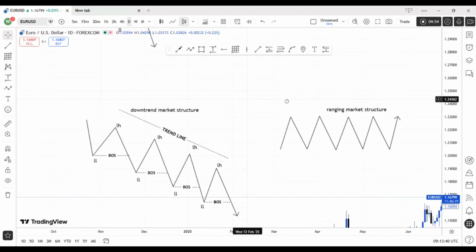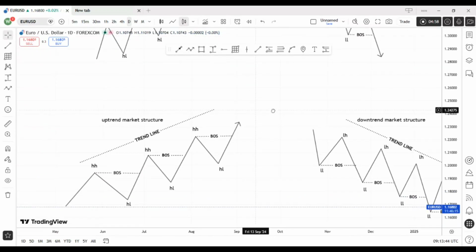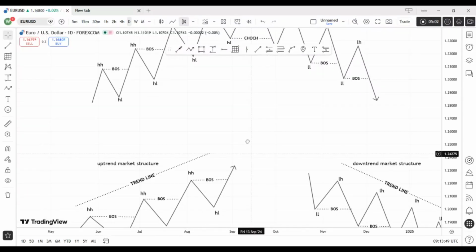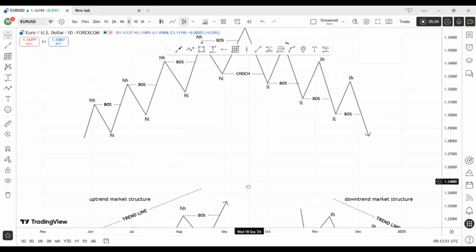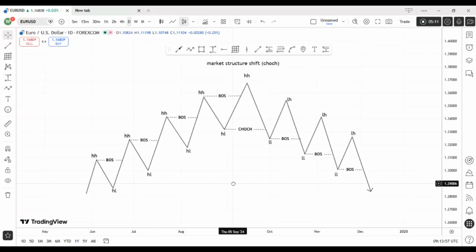The combination of a downtrend and an uptrend market structure forms a change of character. In this market structure shift, we have a formation of change of character.